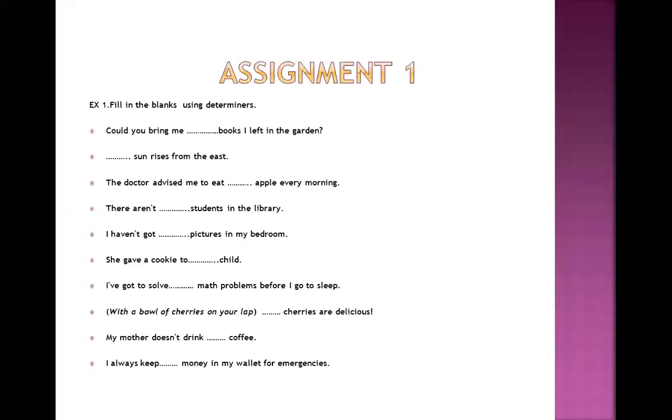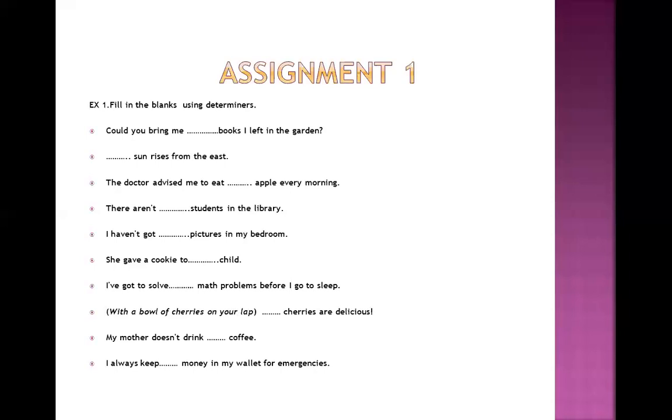Articles are again divided into two parts. The first is the definite article and the second is the indefinite article. In the definite article, we talk about specific things, and we use the.